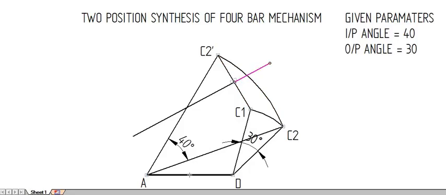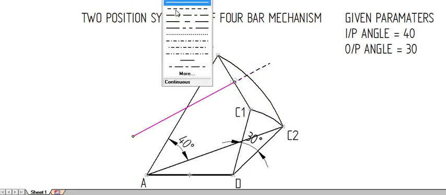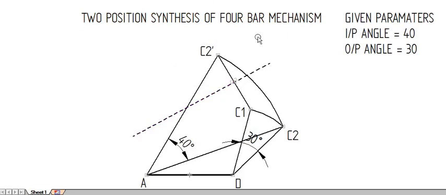I am marking that line as a dotted line and naming the line as NC, the normal of C1 C2 dash.